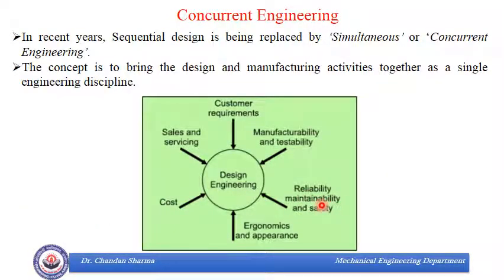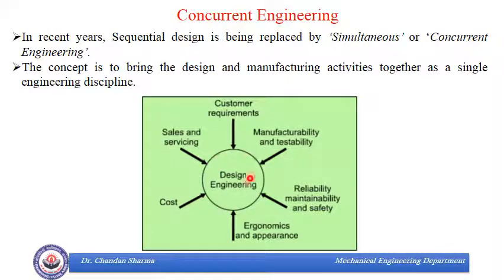Now let us see what can be done to improve this. The answer is concurrent engineering, also called simultaneous engineering. Here you will feel the difference: the design engineering department is taking feedback from a number of other departments: sales and service, customer requirement, manufacturability, reliability, ergonomics and appearance, and cost.